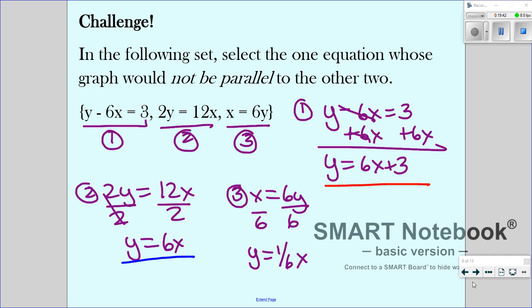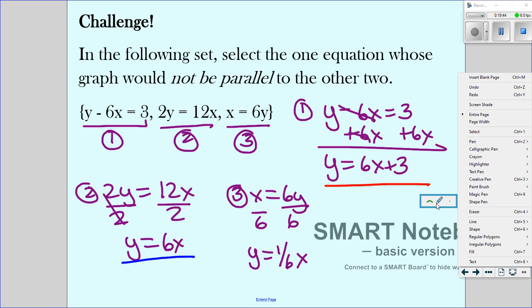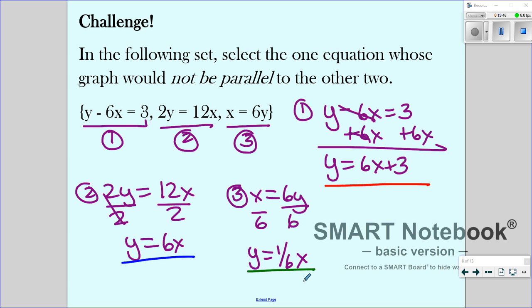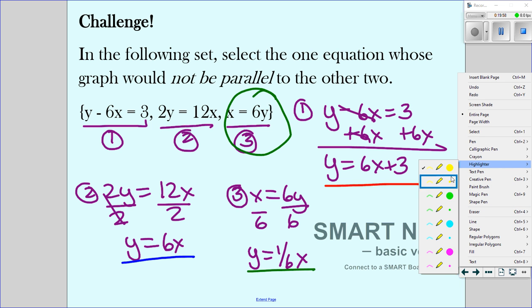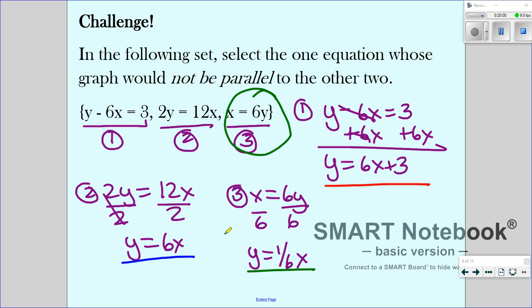All right, so let me do this so we can look at each differently. So different colors. All right, so then which one would that be parallel? This. And if I could highlight it to show. So notice that this and this have the same slope, but this 1 over 6 doesn't. So then 3, which is x equals 6y, would not be parallel to the 2.